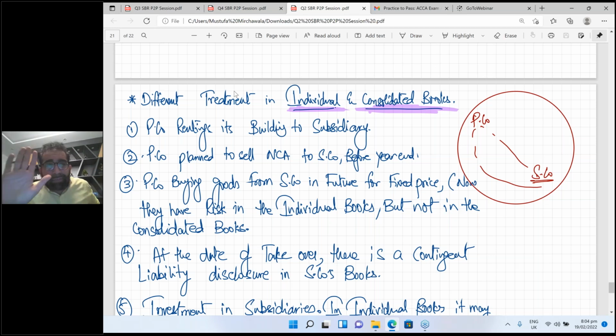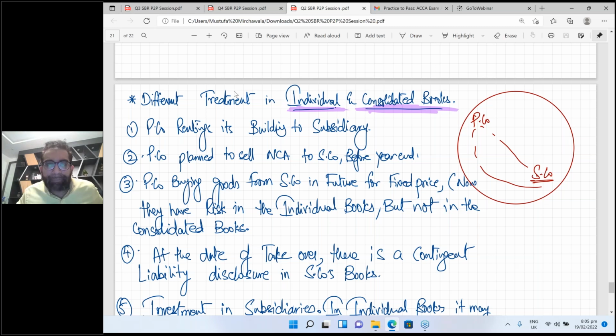So when this is a confirmed thing, in the individual books of parent company we should apply IFRS 5 non-current asset held for sale, and we should treat this asset as a current asset.